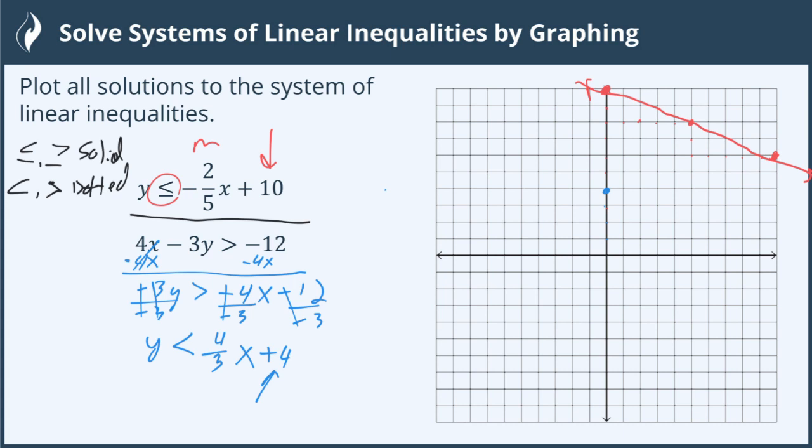Now my slope, and once we get the y-intercept done, we slope off of it. 4, 3. 1, 2, 3, 4. 1, 2, 3.